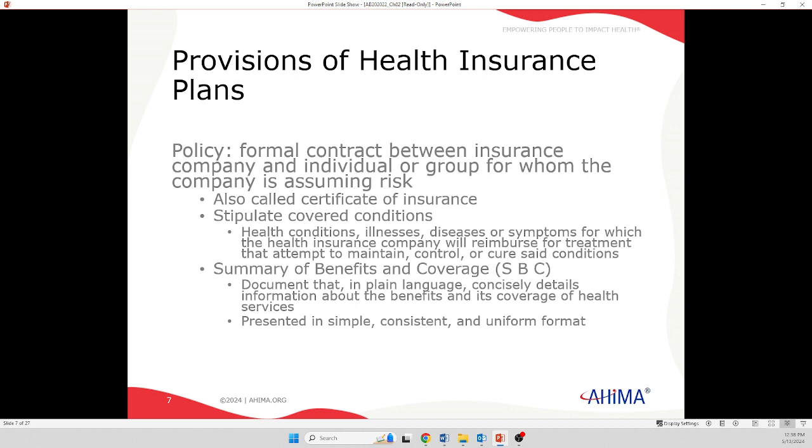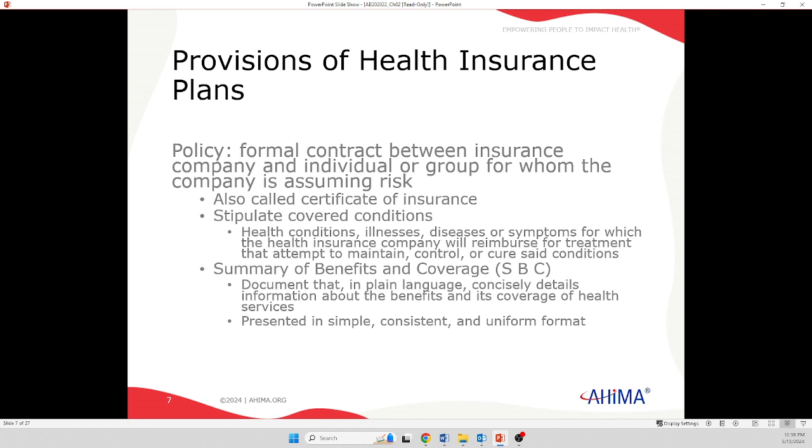In this policy, it's going to stipulate what conditions are covered, the conditions, illnesses, diseases, symptoms for which the insurance company will reimburse for treatment. It attempts to maintain, control, or cure. It's also going to indicate services that maybe aren't covered, maximum amounts that will be paid, what the patient's responsible for.